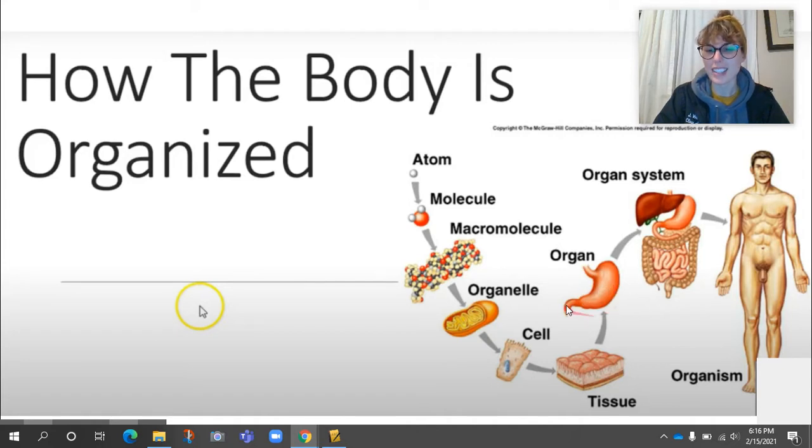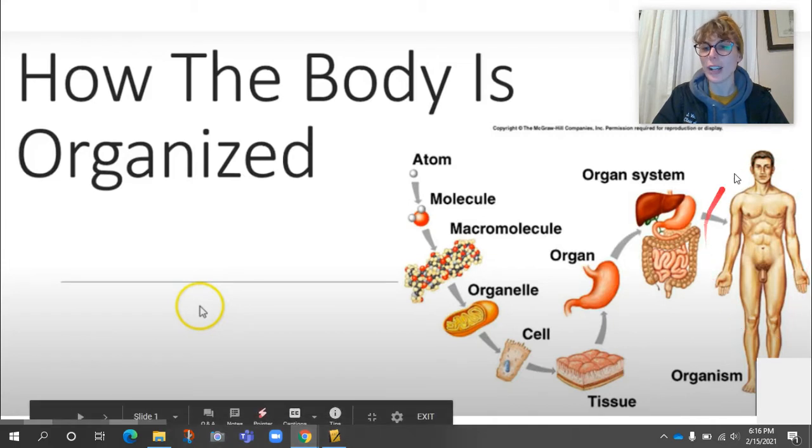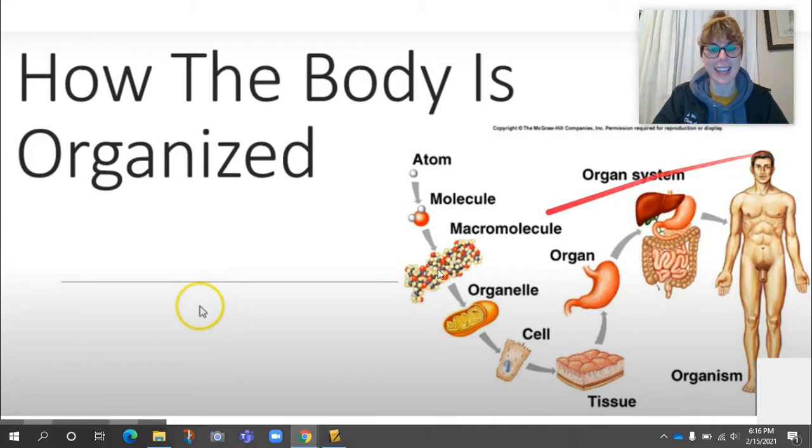And because they don't just exist all alone and independent in the body, they're actually a part of an even more complex component called an organ system, where we might have the interaction of many organs working together to carry out a very specific job that ultimately will help the organism to stay alive.